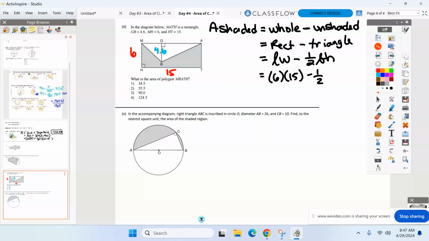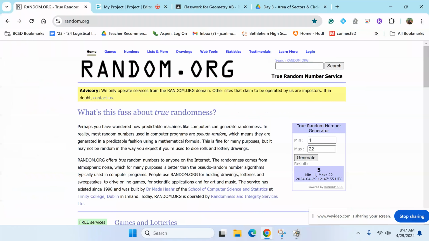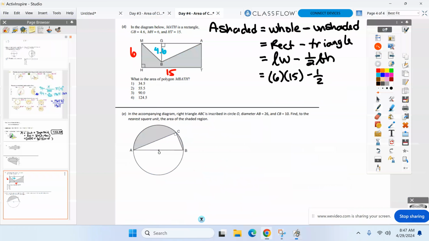What's the base and the height of that unshaded triangle MBA? Don't look at it as two right triangles. Look at it as one full one, triangle MAB. What would be the base and the height? Height always drawn to the base. What's the base and the height of that unshaded triangle right there? Jared? 15. Yep.